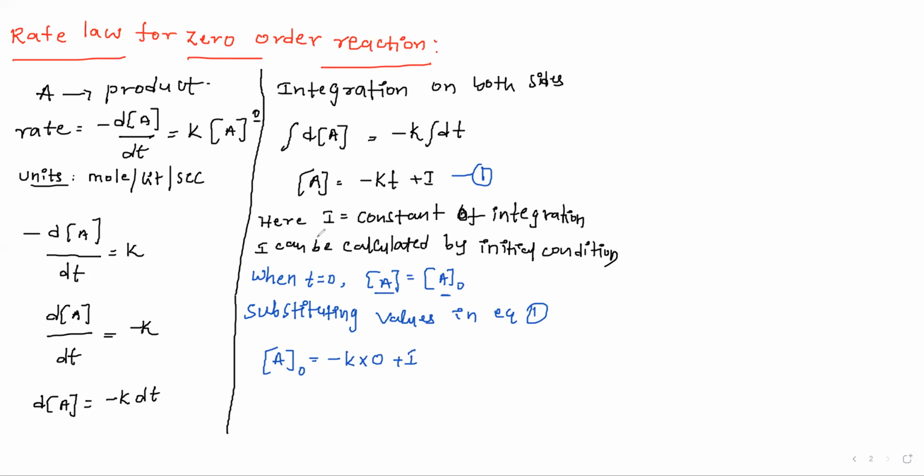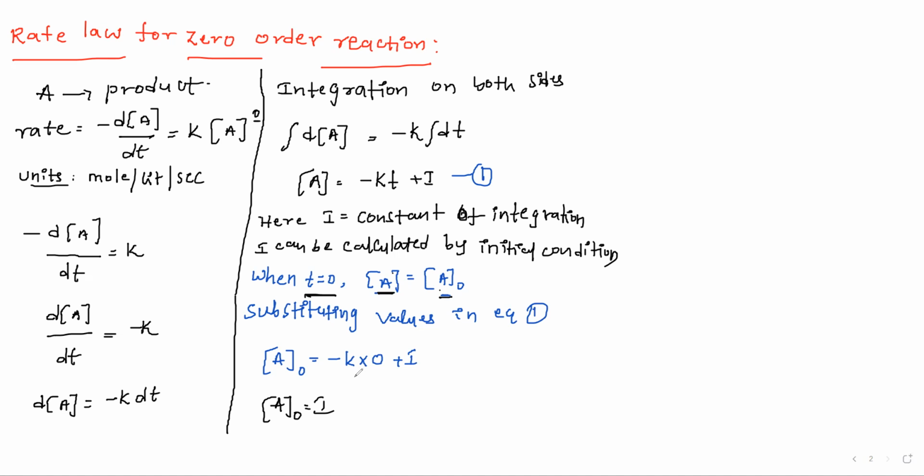Because here t is time, at time 0 the initial concentration of A is A naught. So that's why we are taking A naught at t equal to 0. Then A naught is equal to minus K into 0 plus I, so A naught is equal to I.